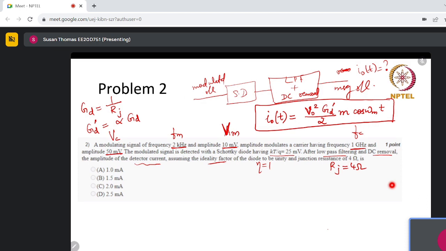I hope you remember what alpha is. In the previous question, I had told you alpha is 1 by eta Vt, into GD. Here eta is taken as 1, the ideality factor, so this reduces to GD by Vt. That is your GD dash.